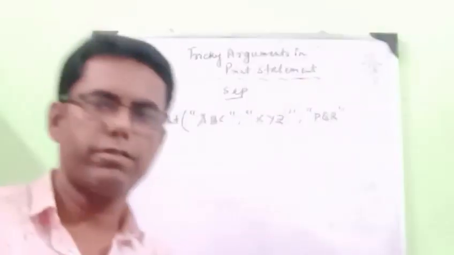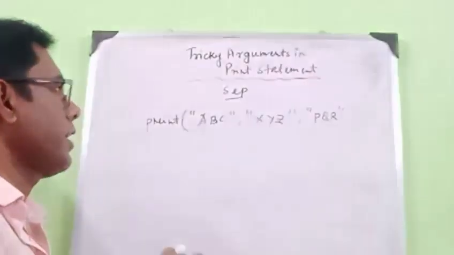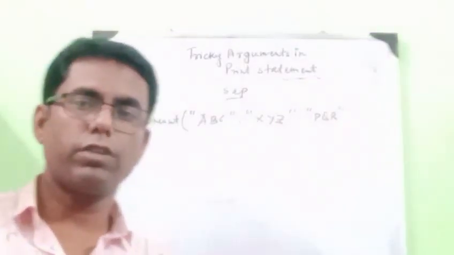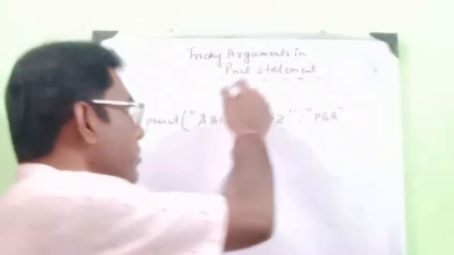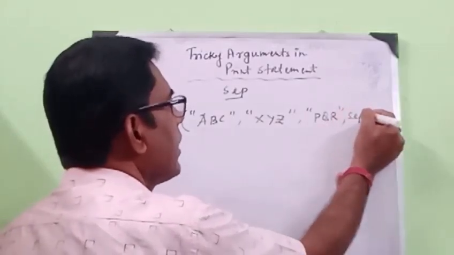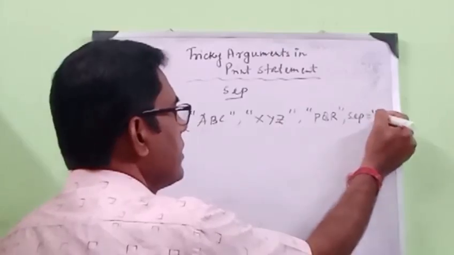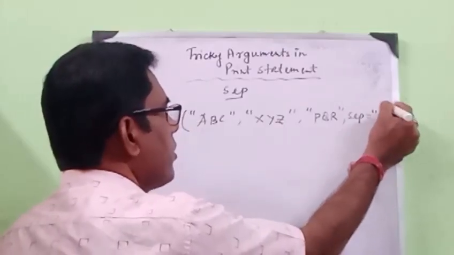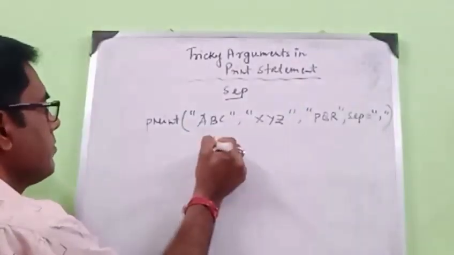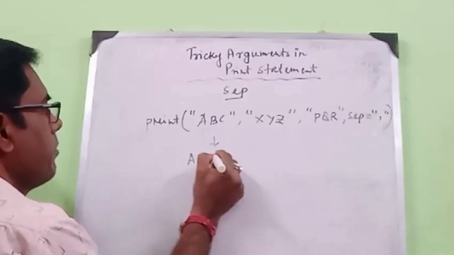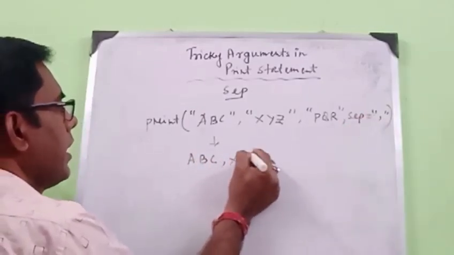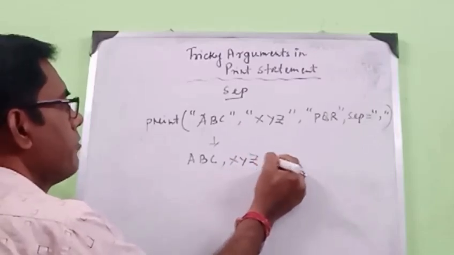Normally when we print this by default, it will come like ABC, then XYZ, then PQR, so we don't have any separator. But with the help of the sep argument, if we write sep at the last and give any kind of separator, like a comma or maybe a hyphen, the output will come in this way: ABC, then whatever separator character we have put as the argument, and so on for every value.